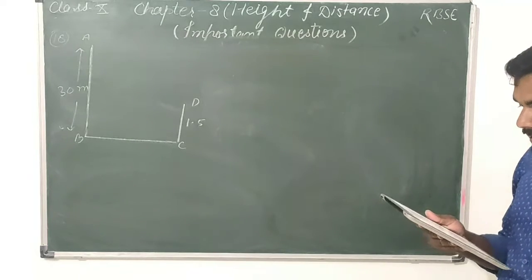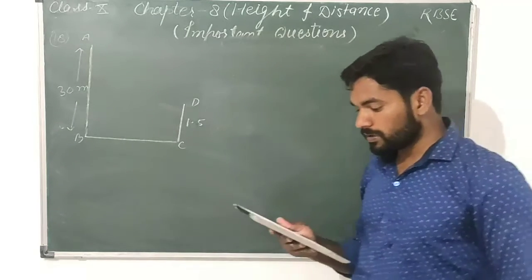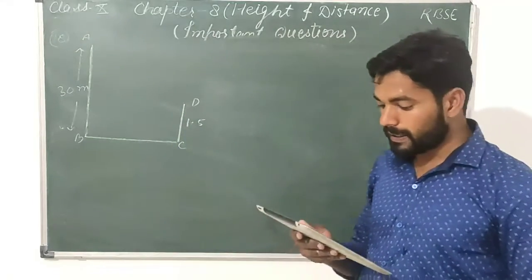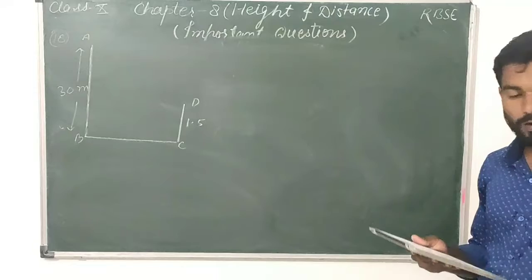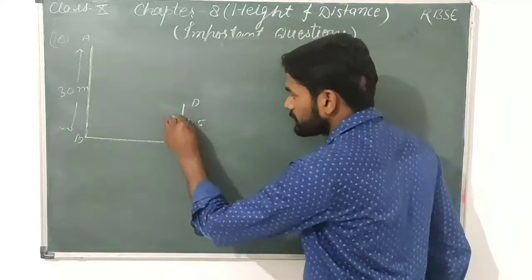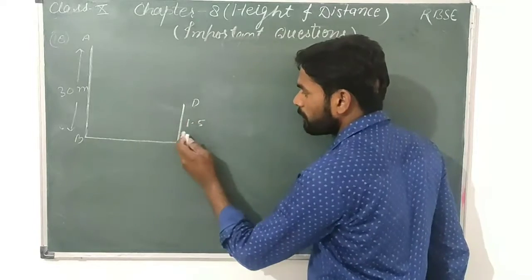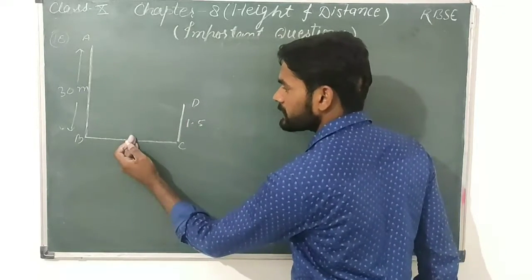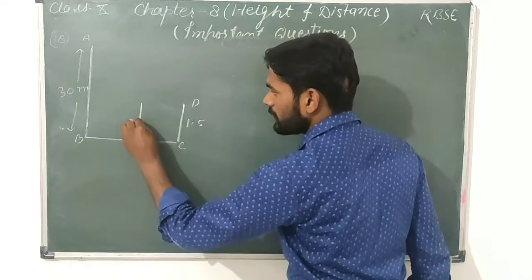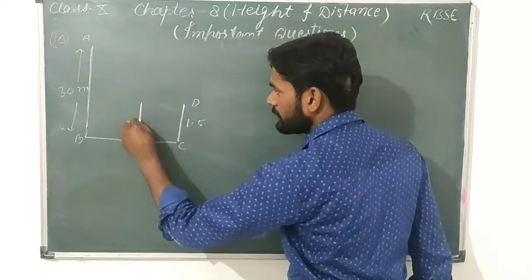When he goes towards the building, the angle of elevation of the top of the building from his eye becomes 60 from 30 degree. This boy moves from here towards the building. Then let's suppose he will reach the point E.